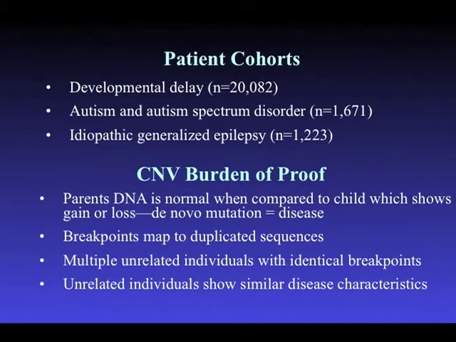So we would ideally like to see children from different parts of the world, different areas, with the same event. And if everything worked the way we hoped it would, those kids would even have similar features. And that would give us confidence that we've actually found a new syndrome mediated by this particular mechanism. So that was the strategy.